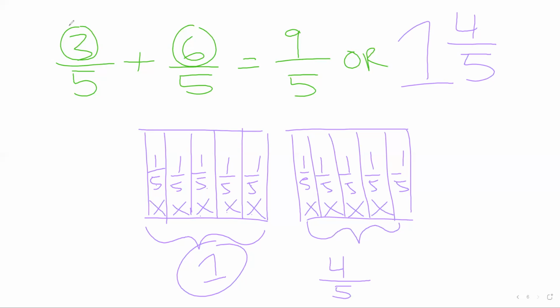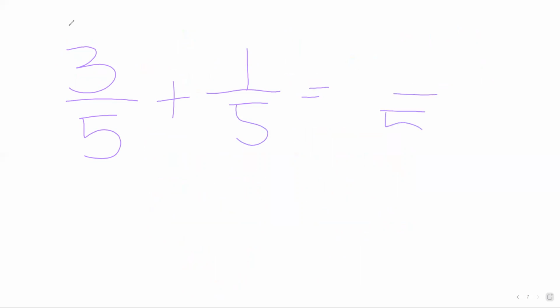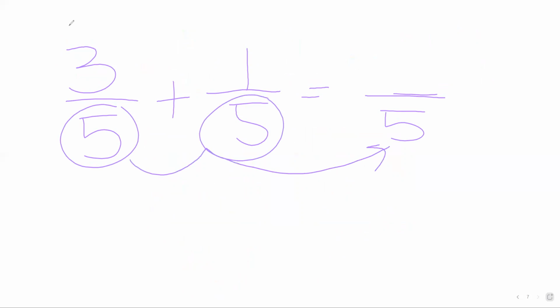But I do want us to understand that adding fractions as an algorithm is pretty straightforward, right? You're going to take your denominator and keep it the same, because that's what we want. They have to be the same pieces, right? And we're going to study that.